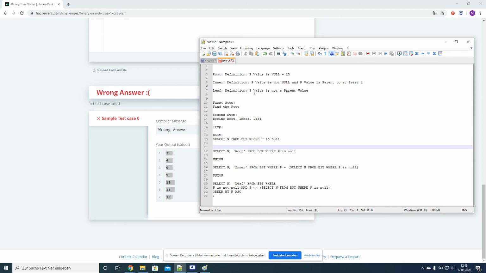Actually, you have to write node value, and node value is not in the parent values.